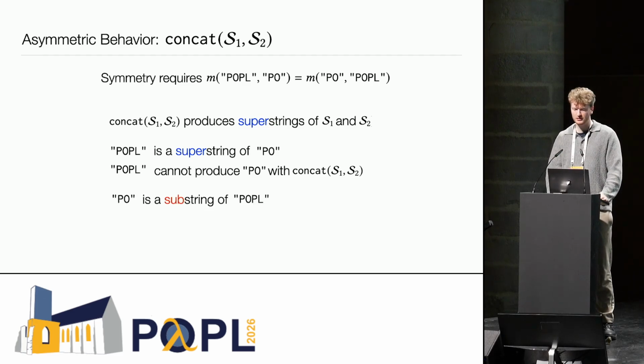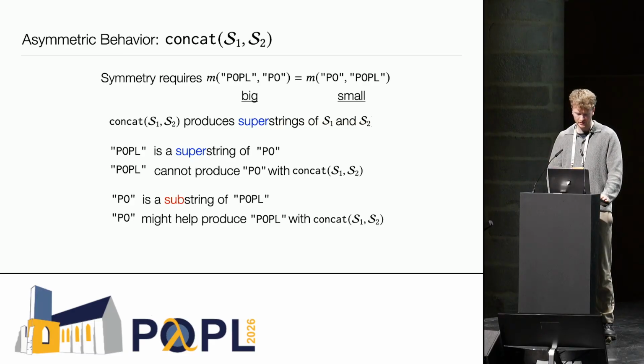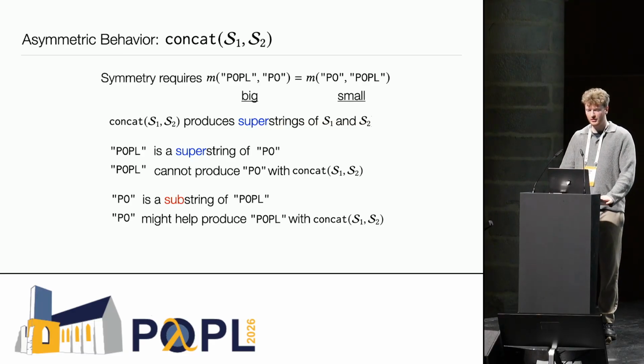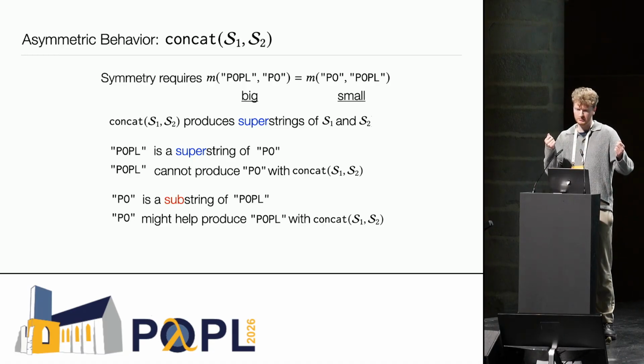But the other way around, since PO is a substring of POPL, it might help us produce POPL using the concatenation operator. So if we design a metric for the concatenation operator, we would like to have a big distance from POPL to PO, because concatenation doesn't help producing PO from POPL, but a rather small distance from PO to POPL, because with concatenation, we can go from PO to POPL.